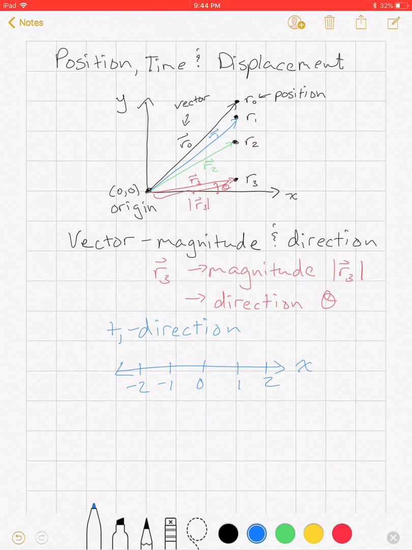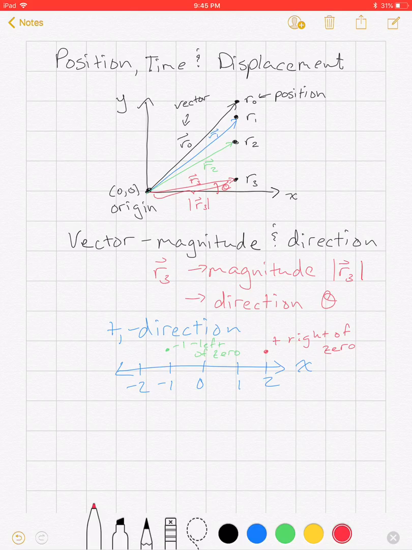The positive or the negative indicates the direction away from 0. So if we have +2, this is positive here, and over here we've got this one, which is negative. This means it's left of 0, and this one means it's right of 0. So we can use positive and negative to indicate the direction as well as an angle.